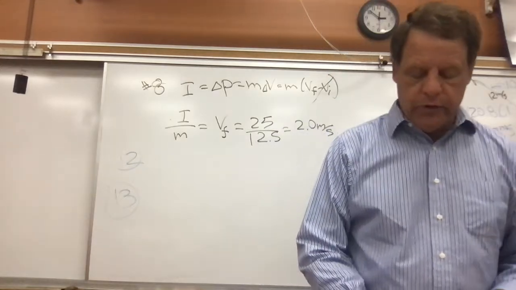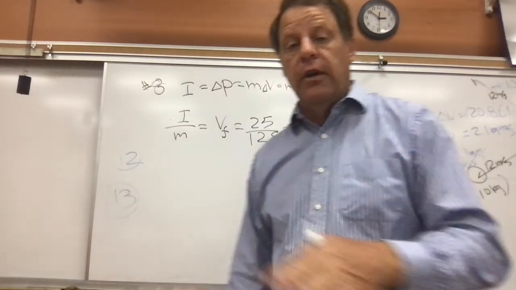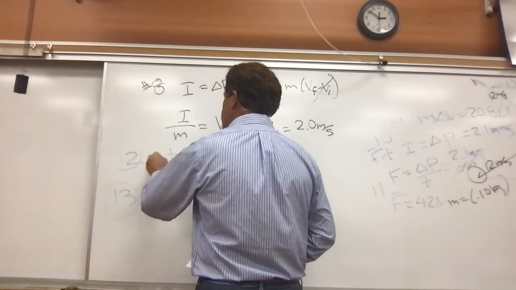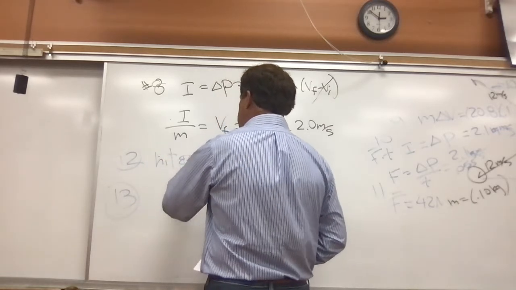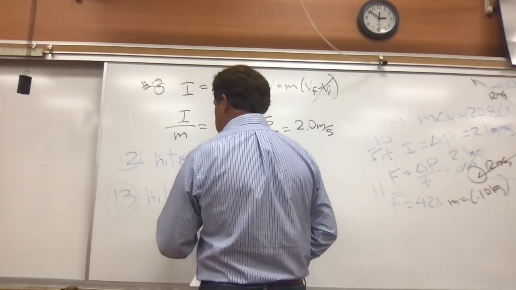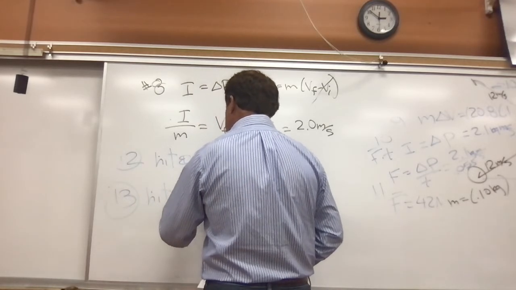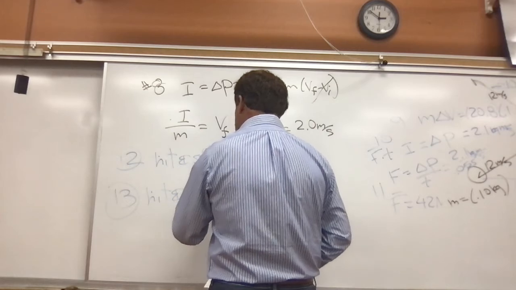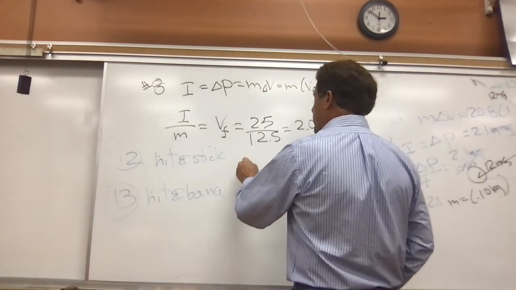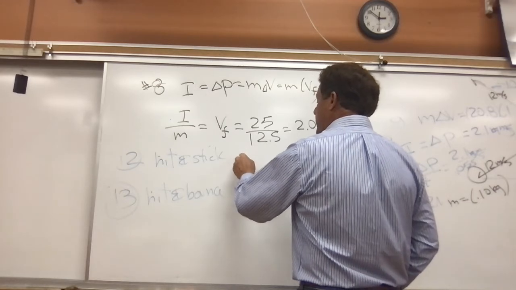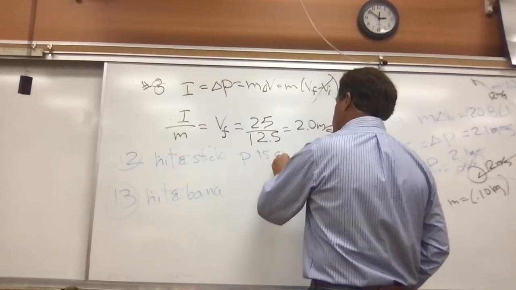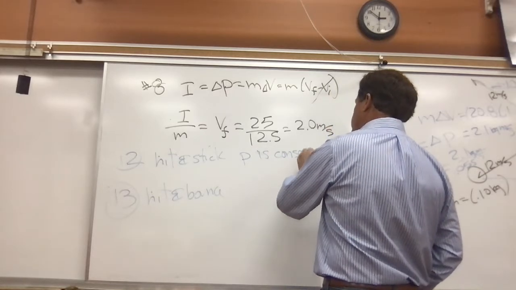So what are the characteristics of an inelastic collision? From a very simple point of view, it's going to be hit and stick. And for an elastic collision, it's going to be hit and bounce. Okay. But this one, momentum is conserved.